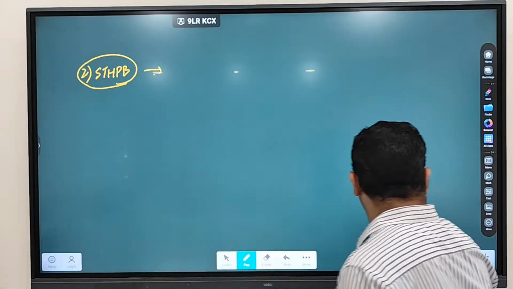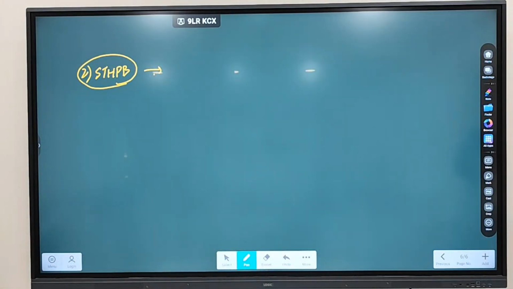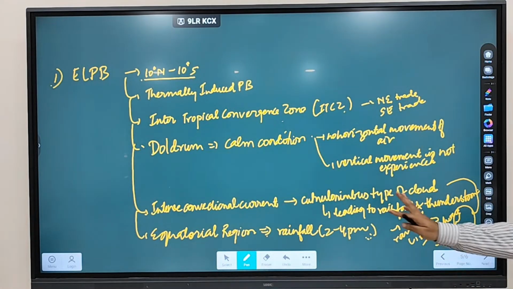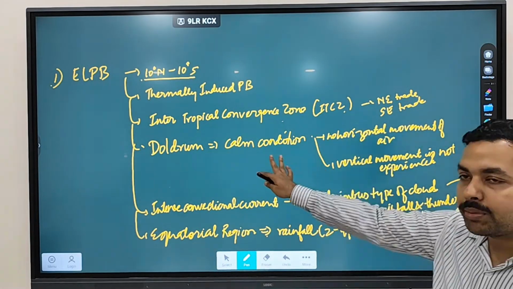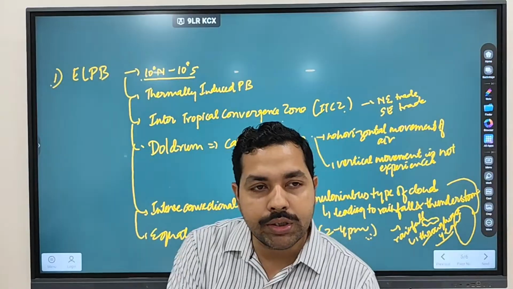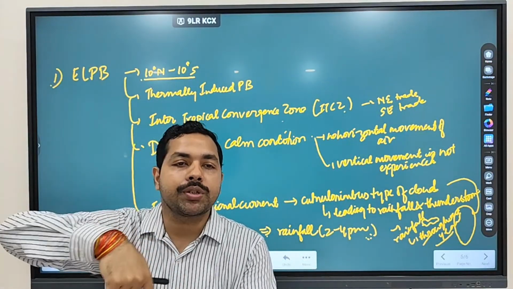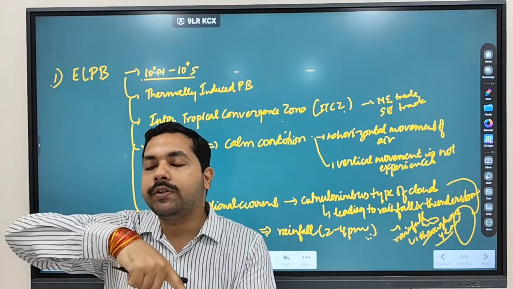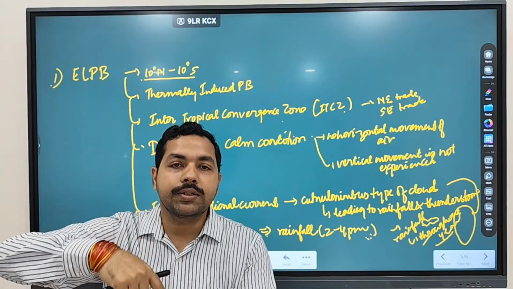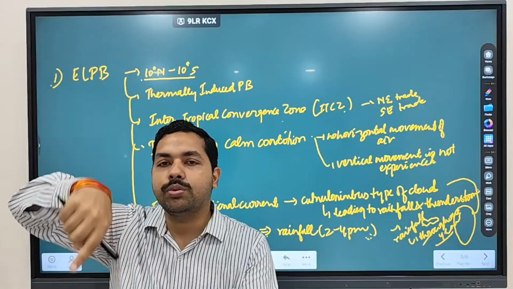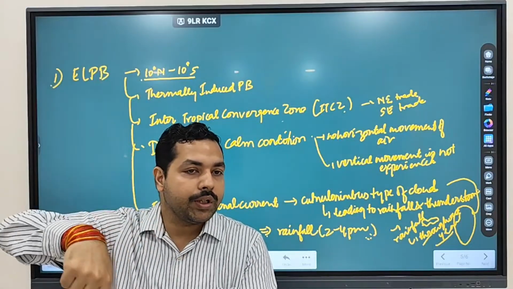One more thing: since no air movement is there, we are saying calm conditions are there. Horizontal air is not moving. So when horizontal air is not moving, what don't you see formation of? You don't see formation of cyclones in this region. Why? Because for cyclones you require wind to move.